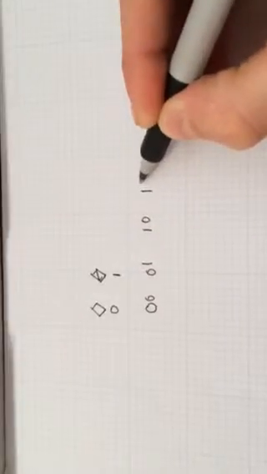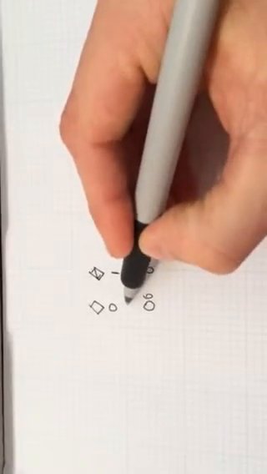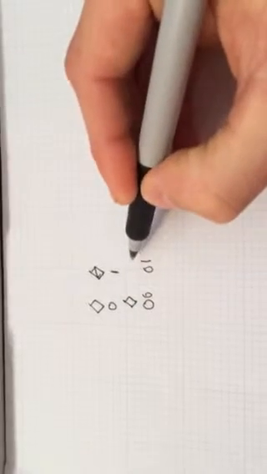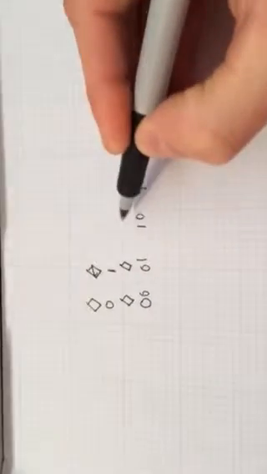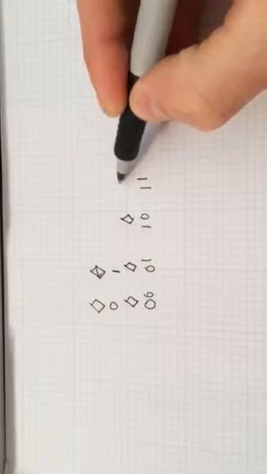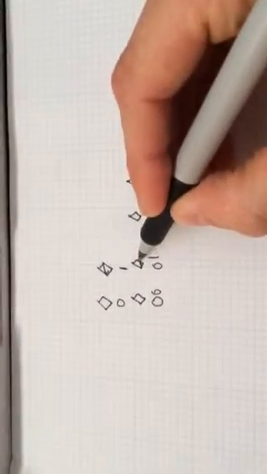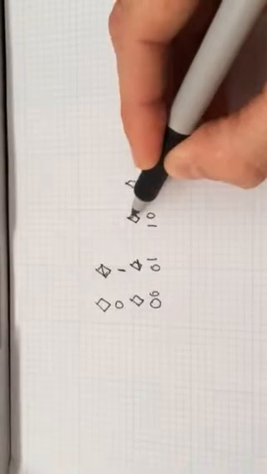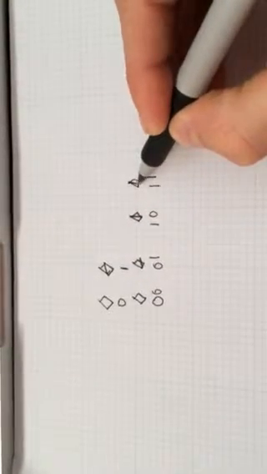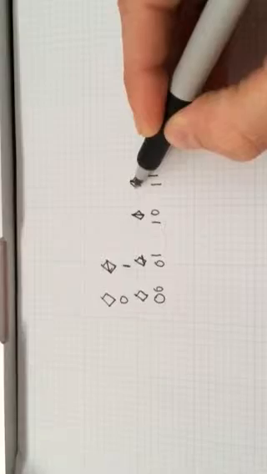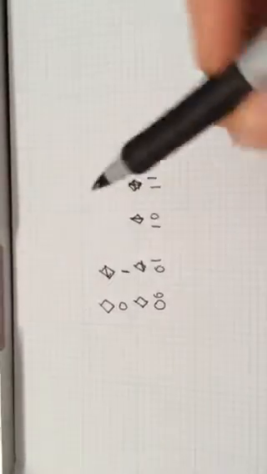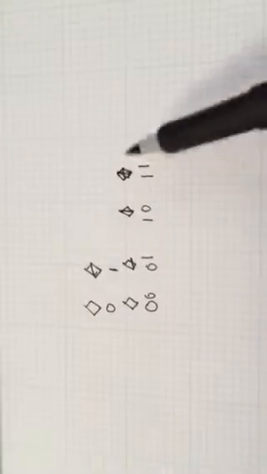Now, if we wanted to add a bit, we would have 0, 0, 0, 1, 1, 0, 1, 1. We would have to have 0, 0, 0, 1, same like that, 1, 0, and 1, 1. Why is it like that? So you have verticals and horizontals now.